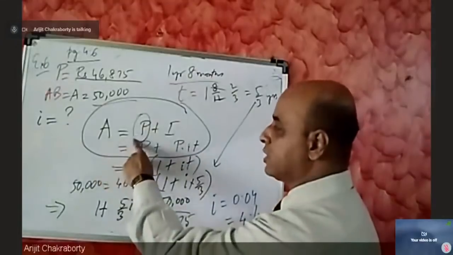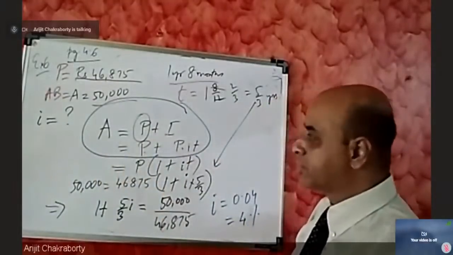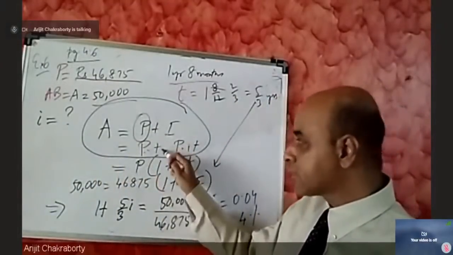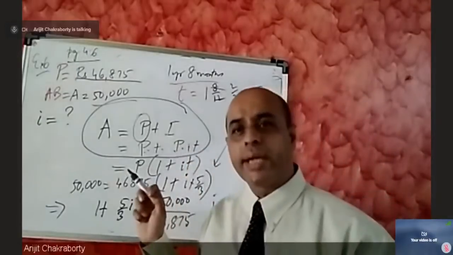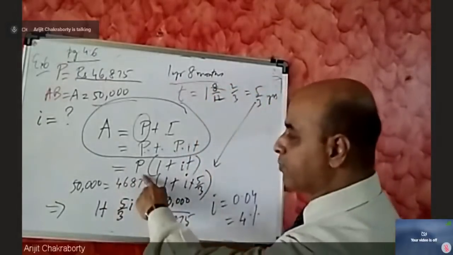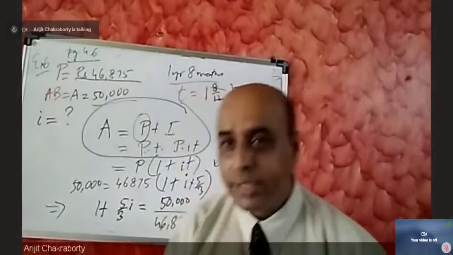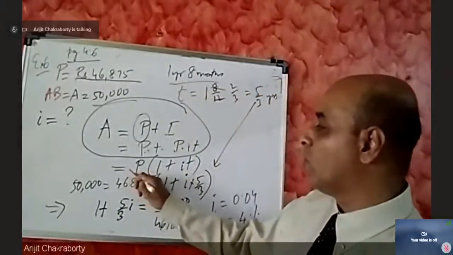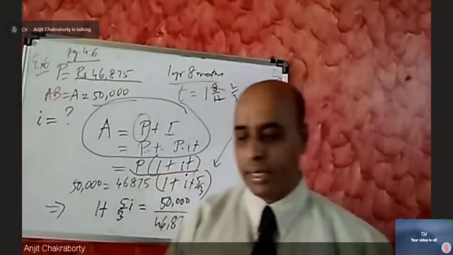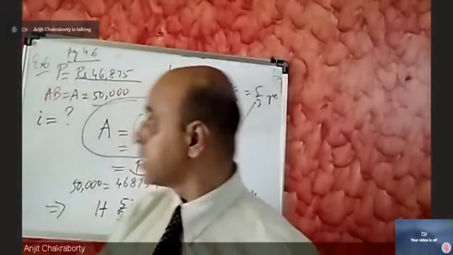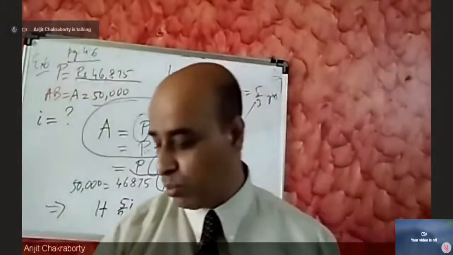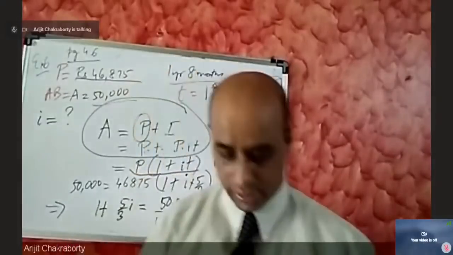This is how we solve these types of problems using the simple equation. Amount is equal to principal plus interest, which is principal plus principal into interest rate into time. By taking P common, you get P into 1 plus IT. So this was example number 6, from page 4.6 of your study material.